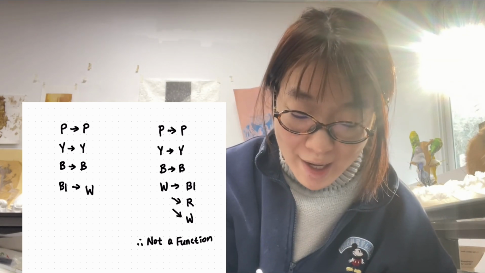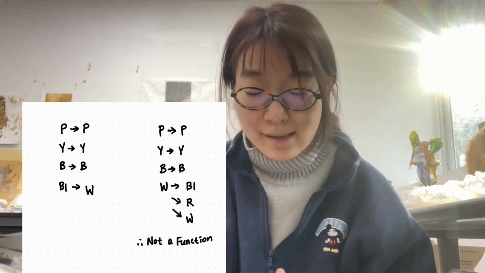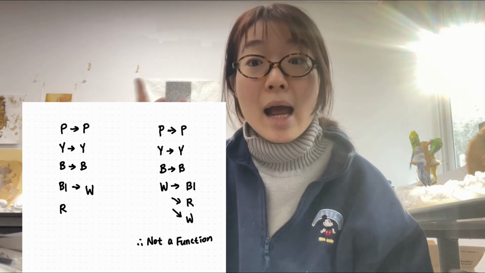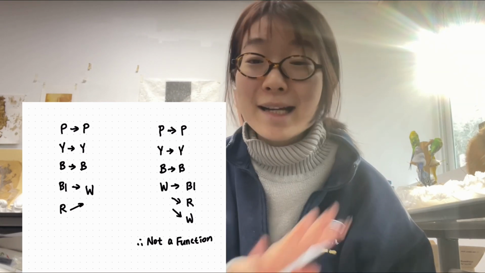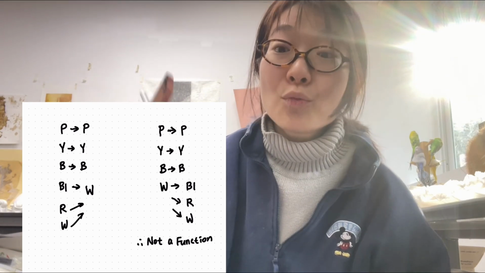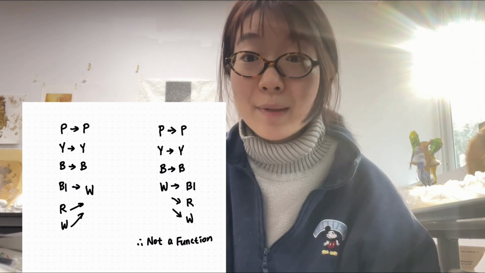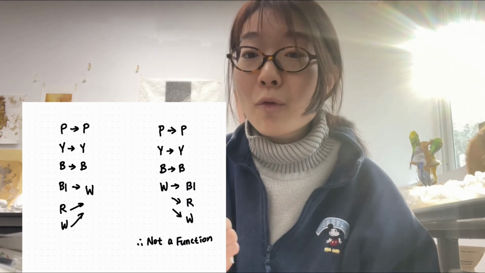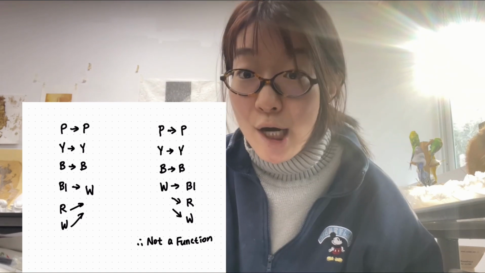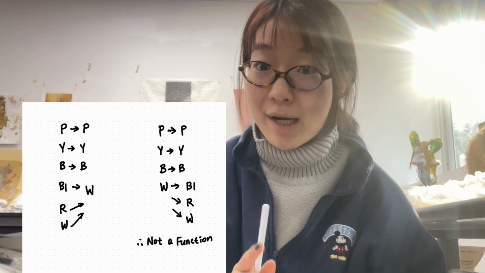Same thing, when he had red poop, that means he had white candy. And if he has white poop, that means he had white candy. 100% for sure, right? It doesn't matter whether the poop was black, red, or white. We know for sure that he had a white piece of candy, correct? So therefore, in this case, when each input has a clear output, this relation would be considered a function.